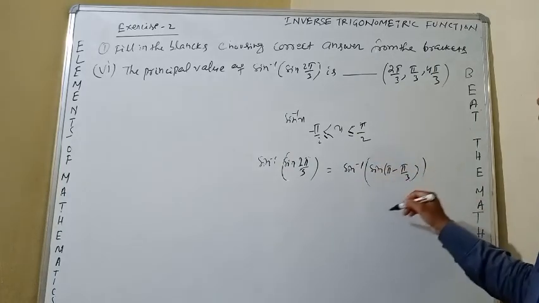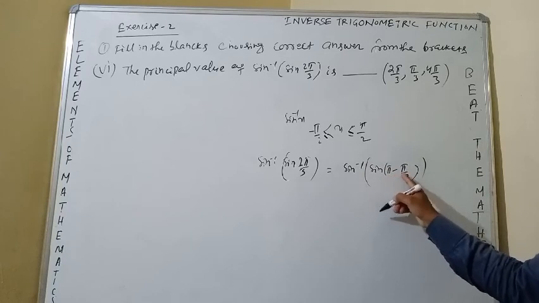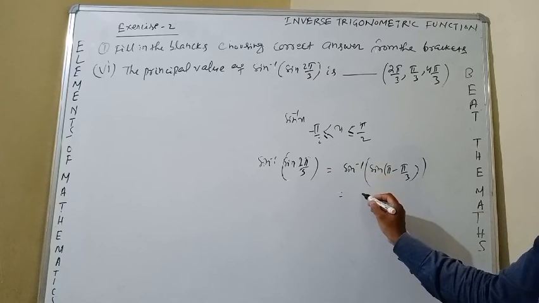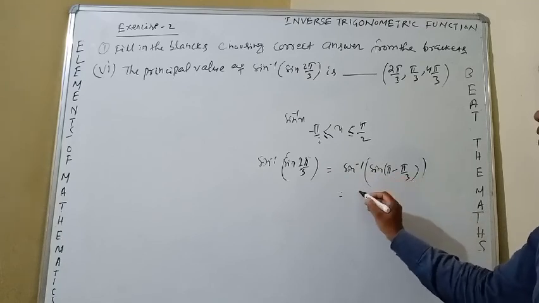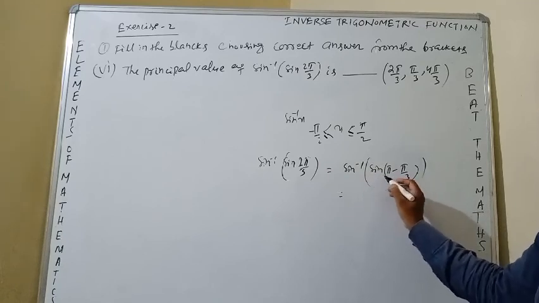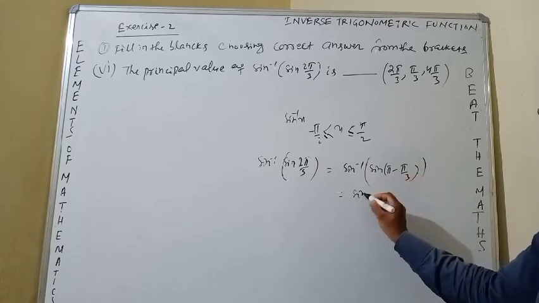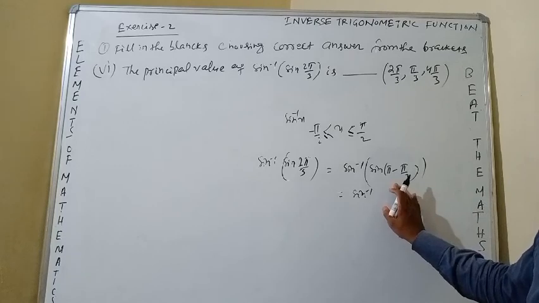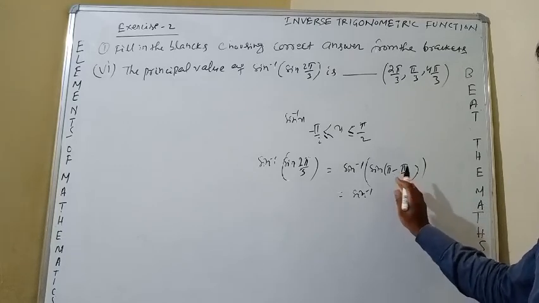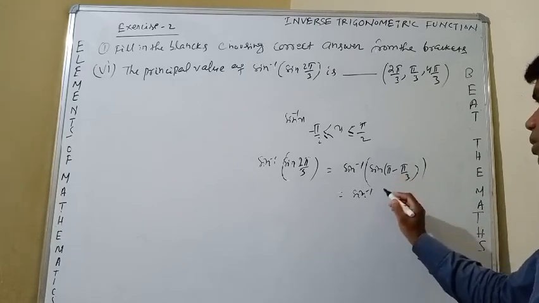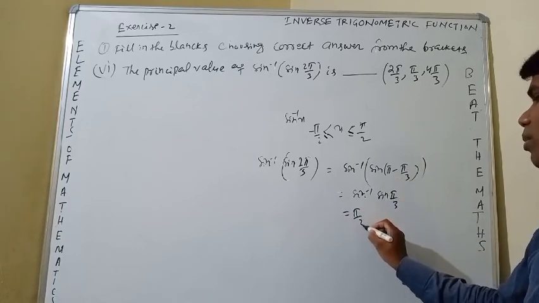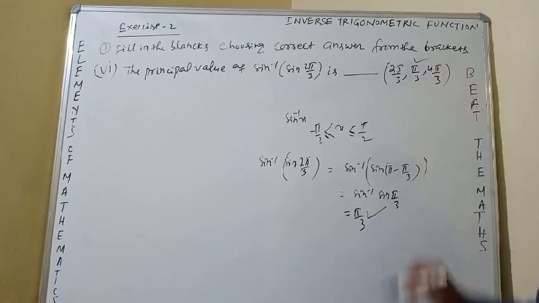Okay, you see pi minus pi by 3, 3 pi minus pi, that is 2 pi by 3, is equal to sine inverse, these will cancel out, that is sine of pi minus pi by 3 is equal to how much? Pi minus pi by 3 lies in the second quadrant, and in the second quadrant the sine function is positive, so this is sine pi by 3, is equal to pi by 3. Therefore the correct option is pi by 3. Pause the video, note it down.